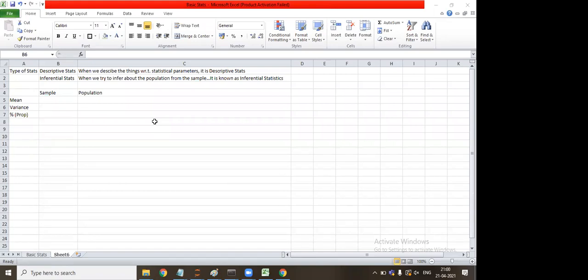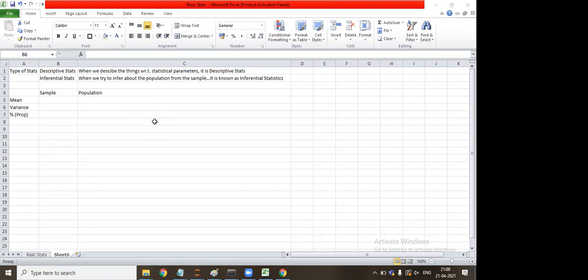Yes, sir. So both statistics will depend upon the size of data? No, size of data is not something we should be worried about, because even a population can be small. For example, you're measuring the number of satellites launched in a particular year.